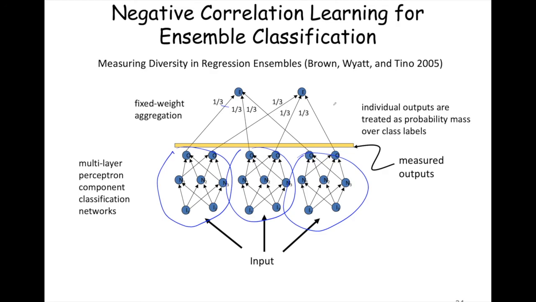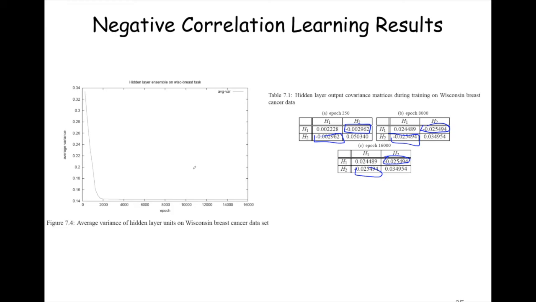And as such, now you can make that global choice sometimes by sacrificing the local choice for the individual networks. And so this idea of coordination is something that carried forward in my work to try to build good ensembles.